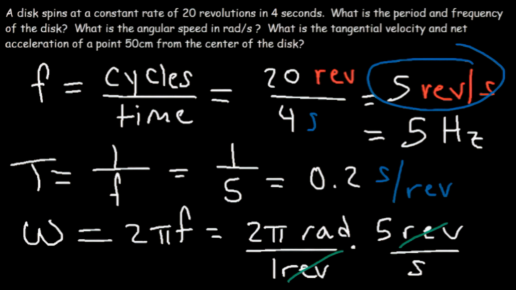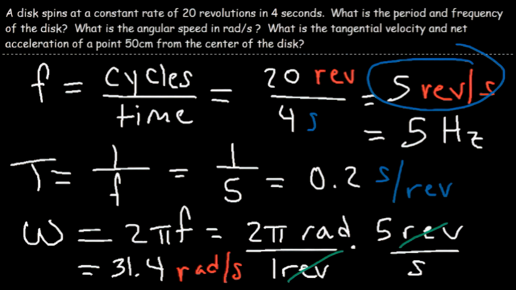So it's 10 pi radians. And pi is about 3.14. So 10 times 3.14 is about 31.4 radians per second. So that's the angular speed.